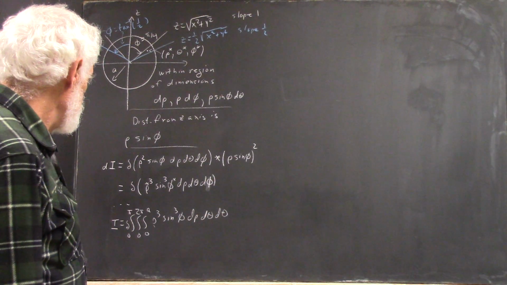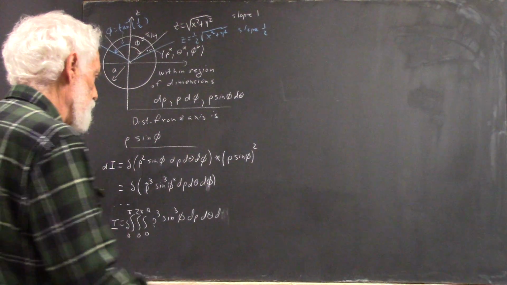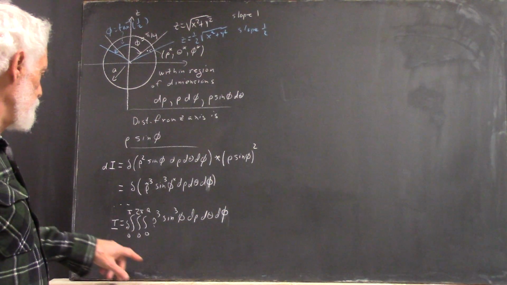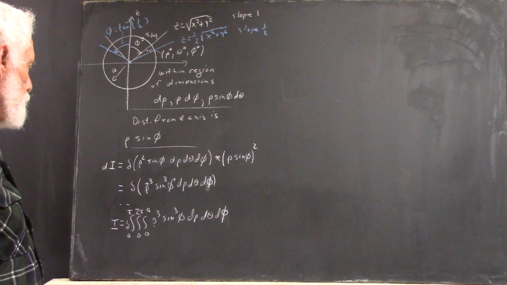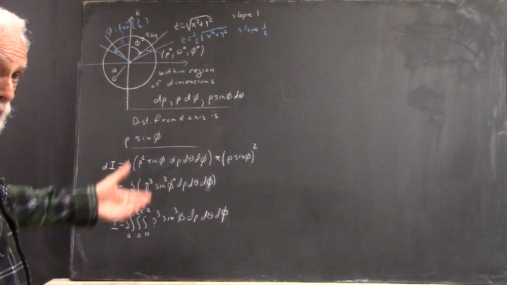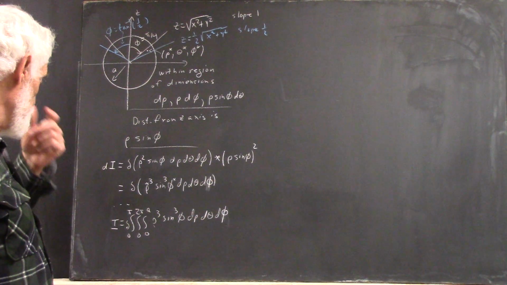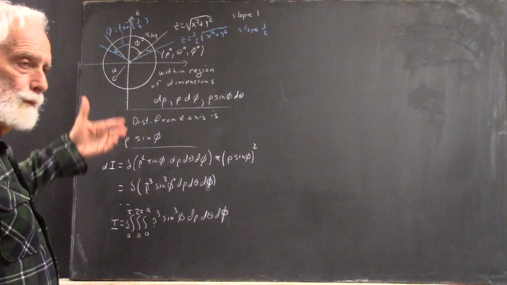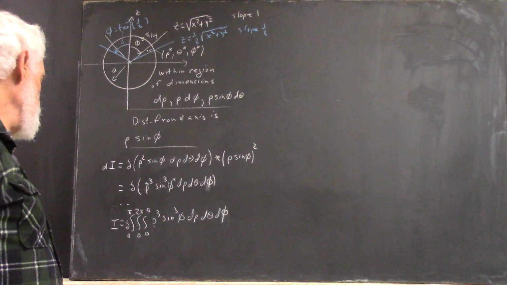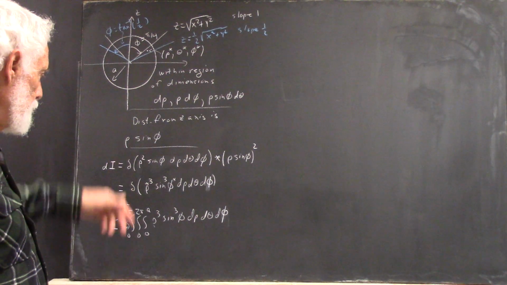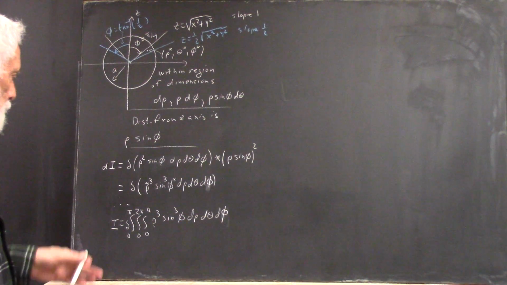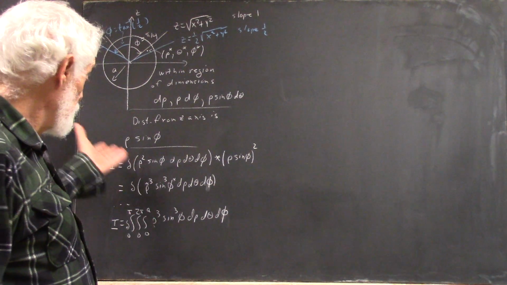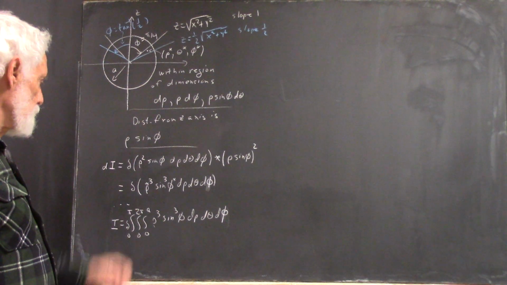And then your d theta, and I don't know why I keep writing theta instead of phi. Your theta integral is going to go from 0 to 2 pi. It's just going to give you 2 pi. So by the time you get to the phi integral, you've got a to the 4th over 4 times 2 pi, which is a to the 4th pi over 2 and all that stuff. I'm not going to go through the details of the integral because I'd probably get careless and write something ignorant down. But it seems like you have a pretty straightforward integral here.